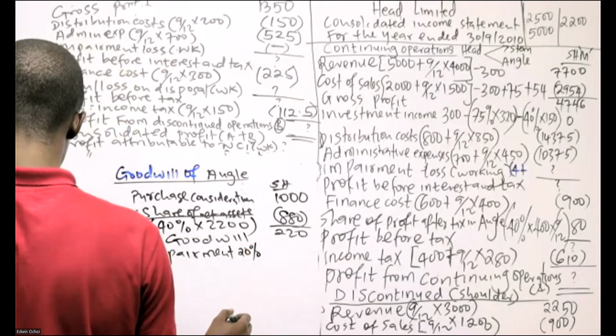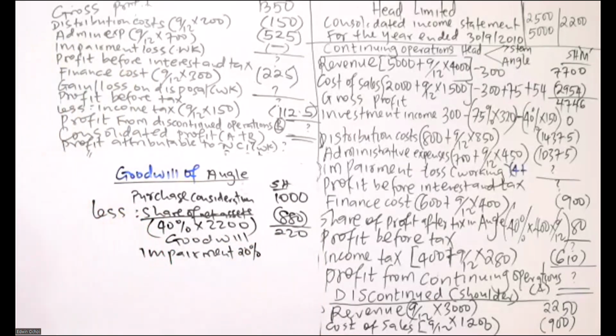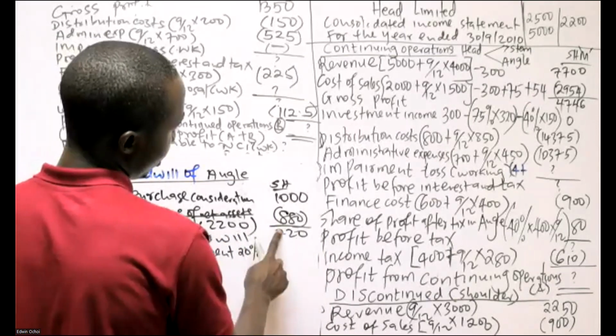So impairment of 20%. 20% of 220 is, you are told in the additional information, I think it's number 5. Is that 220 or 120? This one is 120.